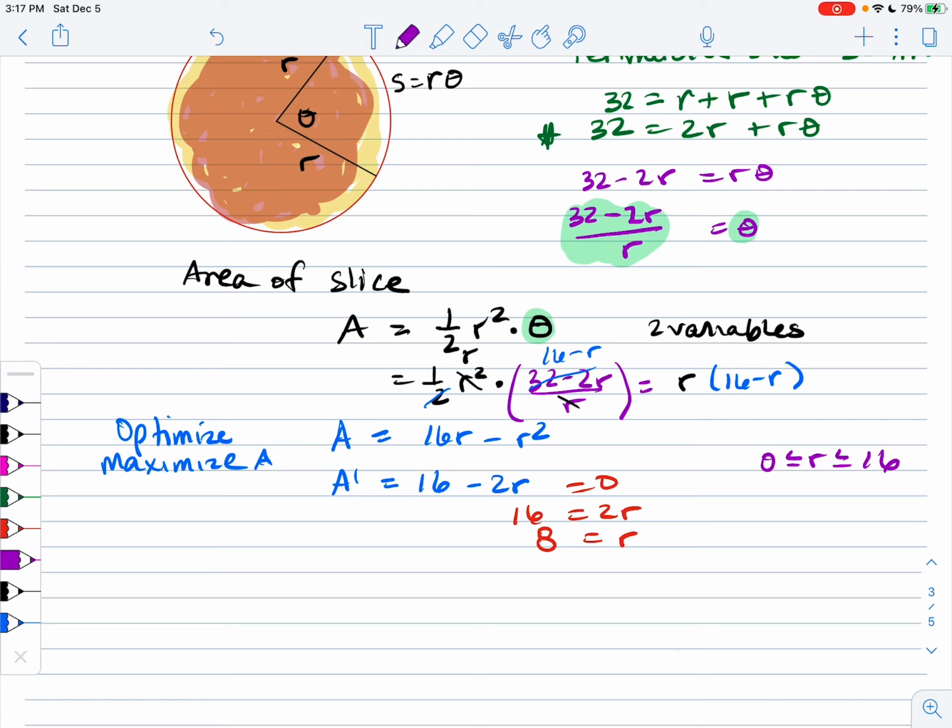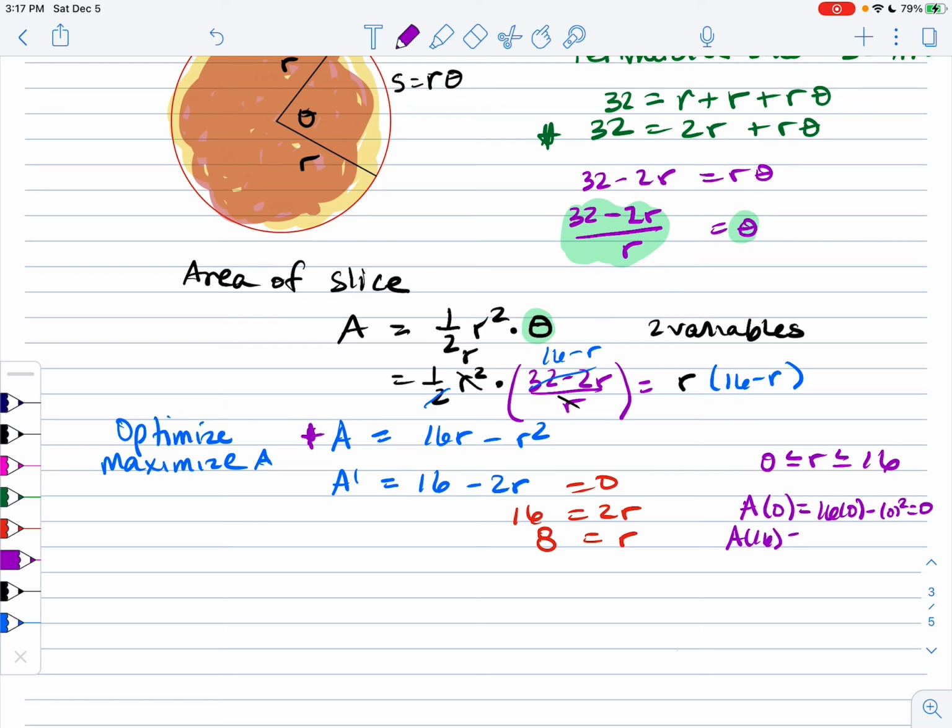We can check another way. Instead of doing the first derivative test there, we can go back and use the extreme value theorem on that closed interval, and note that A of 0, that's our endpoint, right? With our A, if we use this one, A of 0 is 16 times 0 minus 0 squared, and that's going to give me 0.